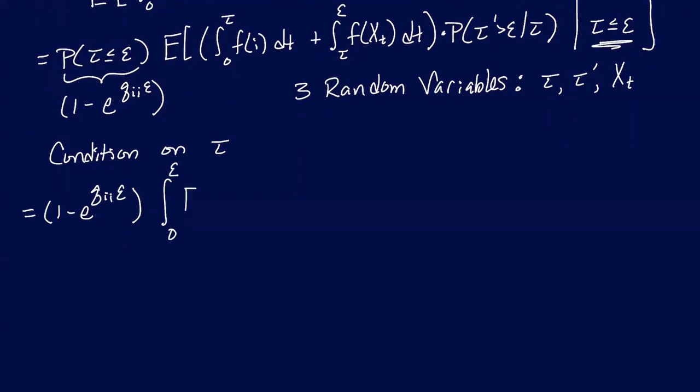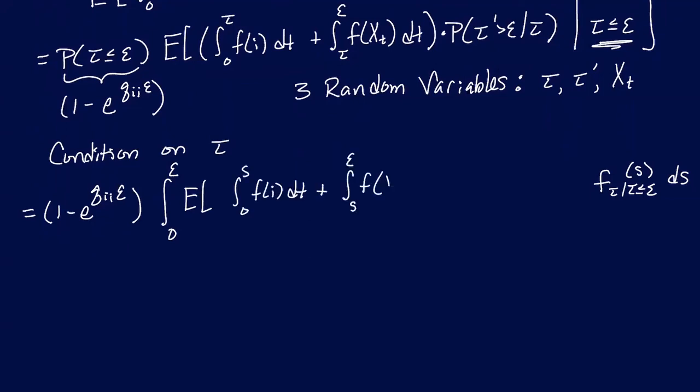Then I get the expected value. So I'm going to plug in tau equals s. And at the very end here, I'm going to put on the conditional PDF for tau, given that tau is less than or equal to epsilon, of s ds, because I've already used the t in this problem. And now I'm going to go through this entire thing and put in s's for the taus.